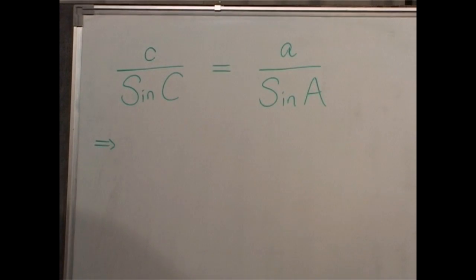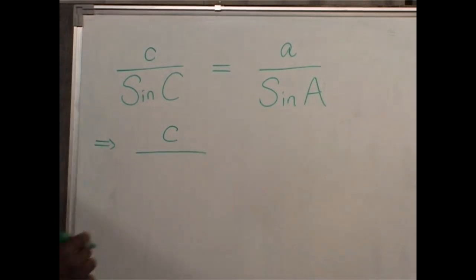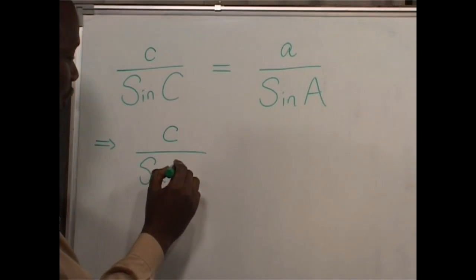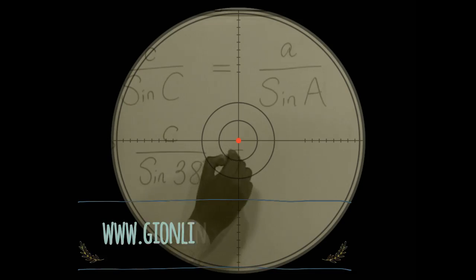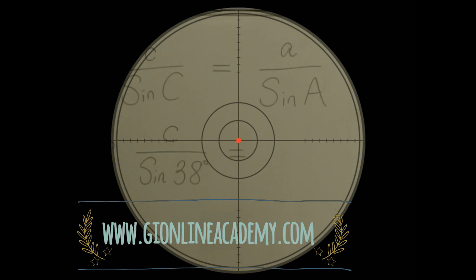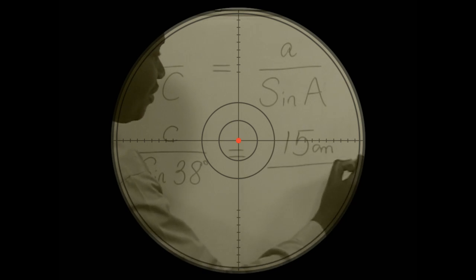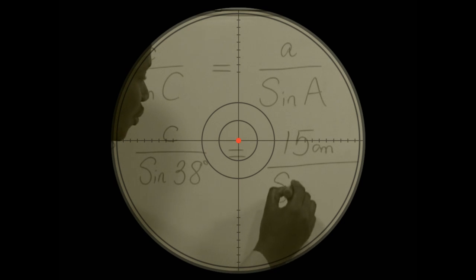C is what we are looking for, so it remains the way it is, divided by the sine of the angle at C. The angle at C is 38 degrees, so we indicate sine 38 degrees. This is equal to, we are given the side A as 15 centimeters. This must be divided by the sine of the angle at A, which, as agreed, is 42 degrees.